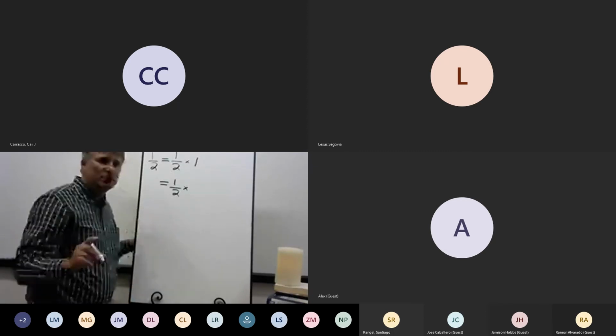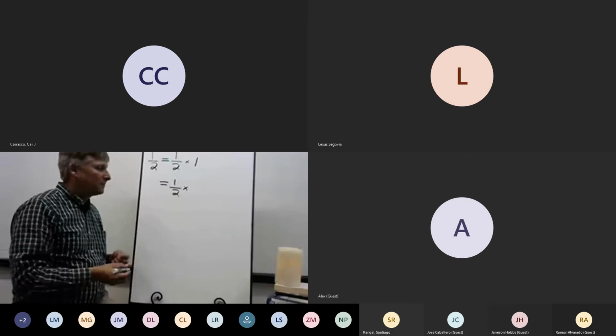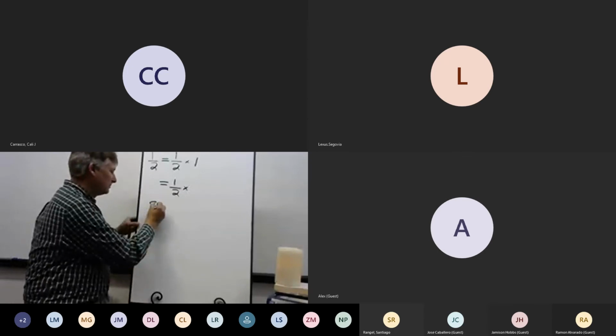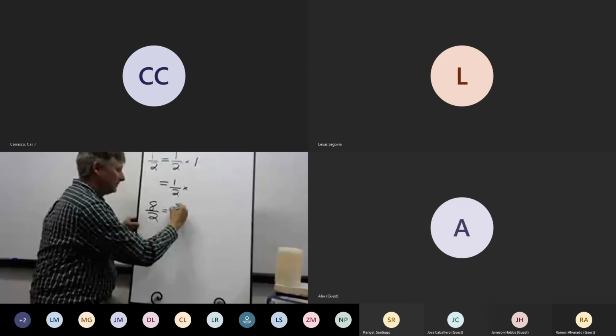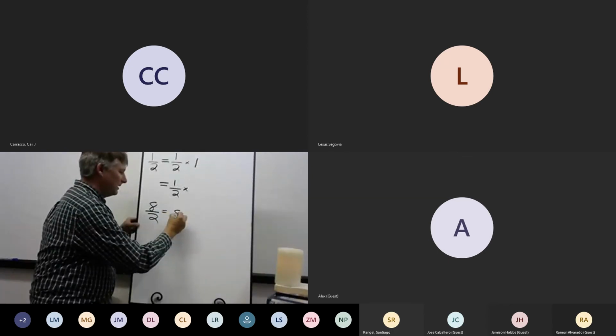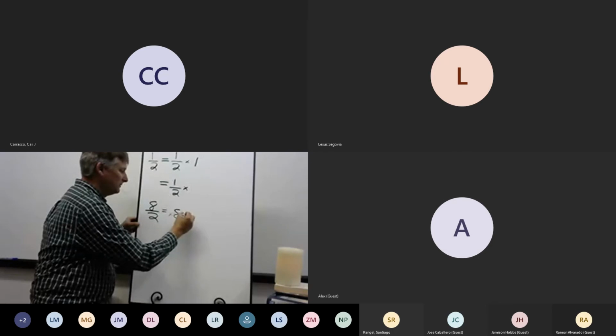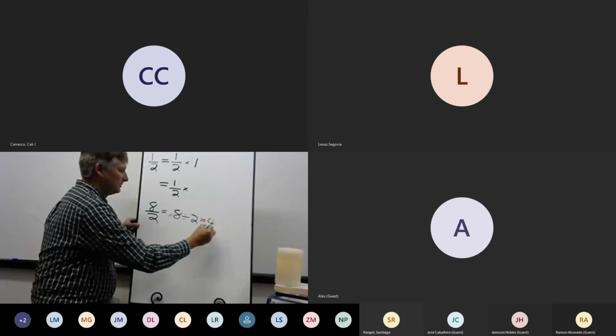And I don't know if I've mentioned this before, but fractions just represent division. So if you take the fraction 8 over 2, this is actually 8 divided by 2. Fractions and division are the same thing.